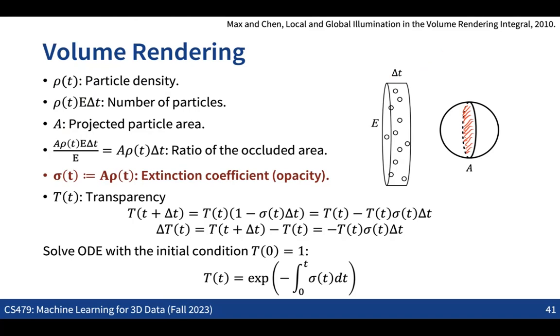Then when you multiply this projected area with the number of the particles and divide this by the projection area of the slice, this will be the ratio, or how likely the ray will stop at the point, right? So this is the area of the occluded region divided by the whole region of the slice of the cylinder. Make sense?